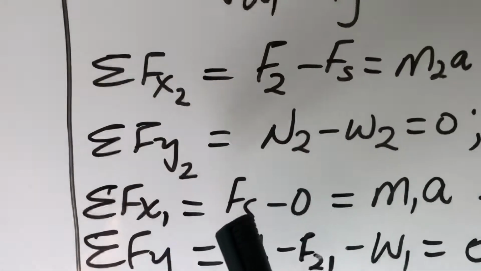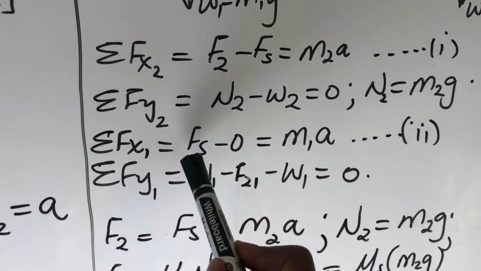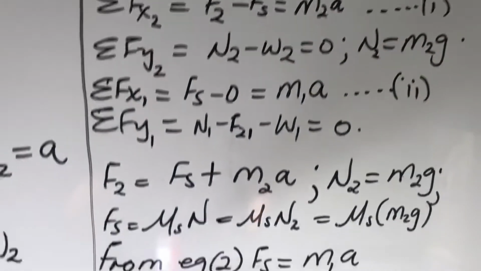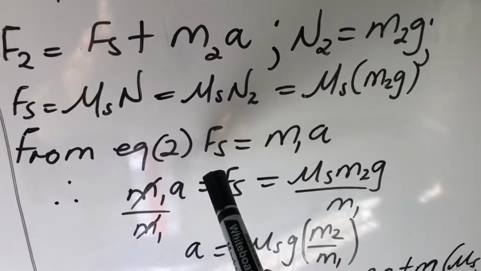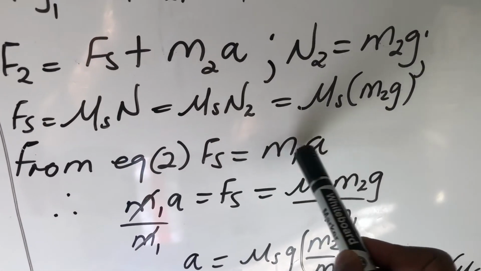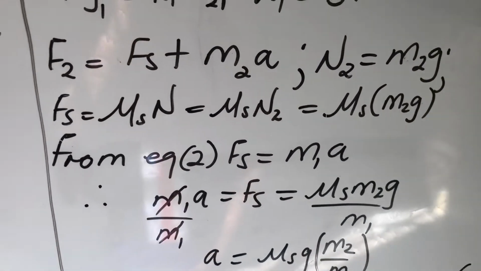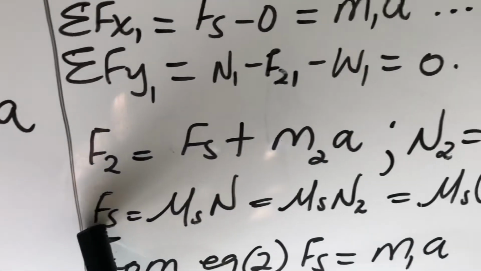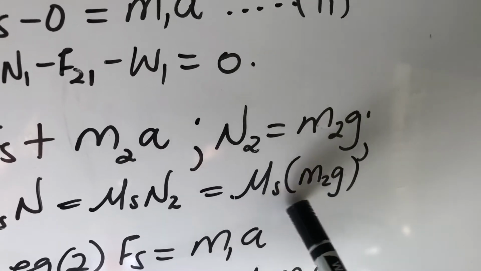But from here, we agreed that Fs is equal to M1A. That's why you see me here writing Fs is equal to M1A. But the same Fs is the one we calculated here again. Fs is also equal to mu s M2G.